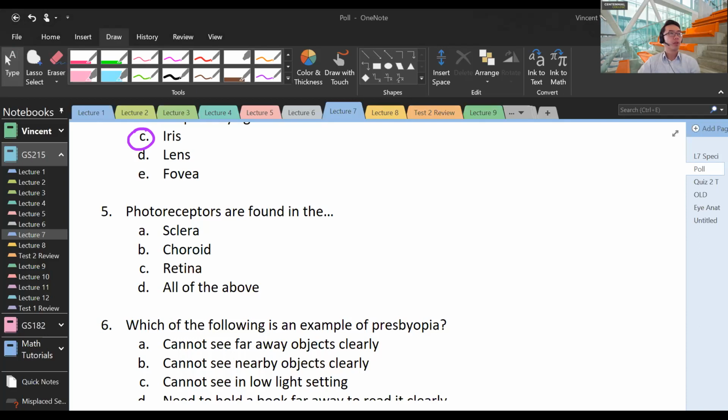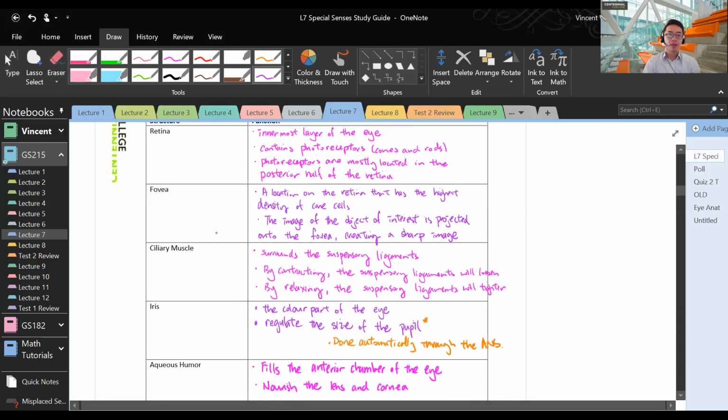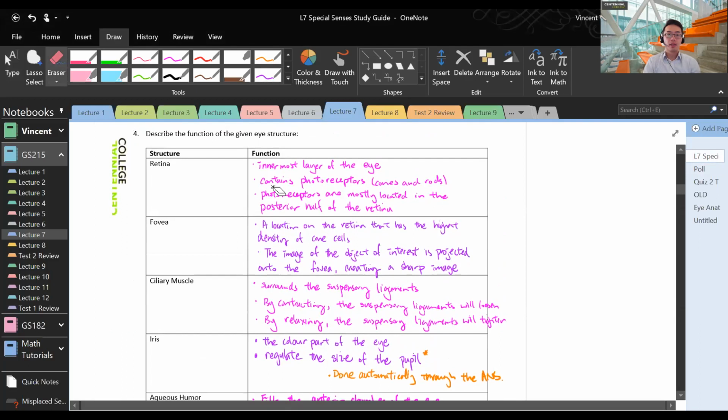Okay, waiting for one more. The correct answer is the retina, right? And you can see here, we wrote it down. It contains photoreceptors. That's the only layer that has the photoreceptors.